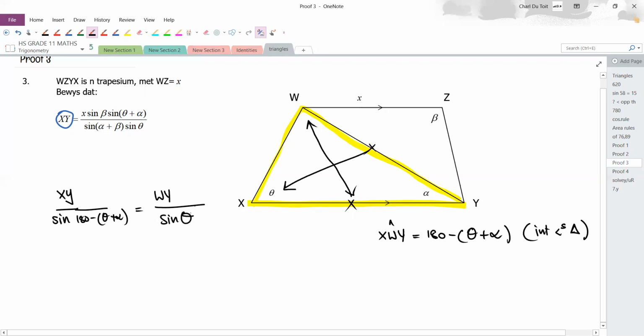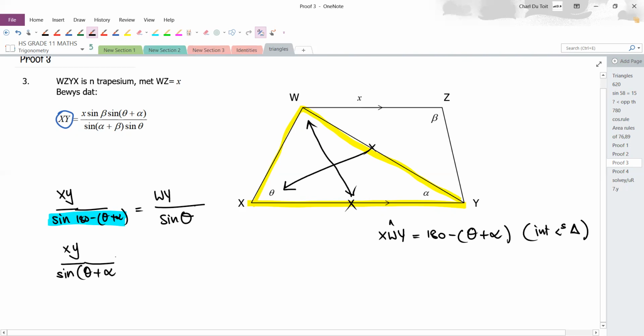Okay, let's just fix this. What is sin of 180 minus theta plus alpha? Can you simplify that? That's second quadrant. Yes, sir. So that's positive for sin. So it's sin theta plus alpha.